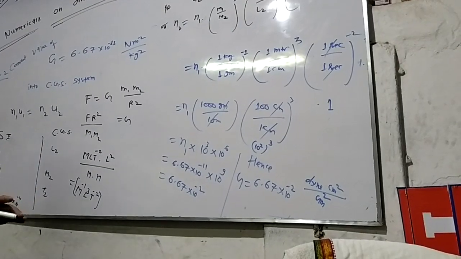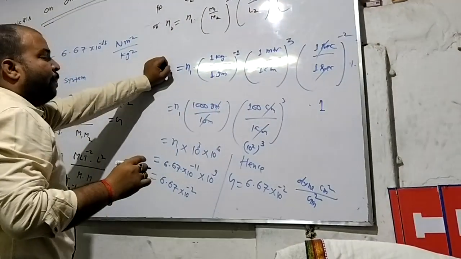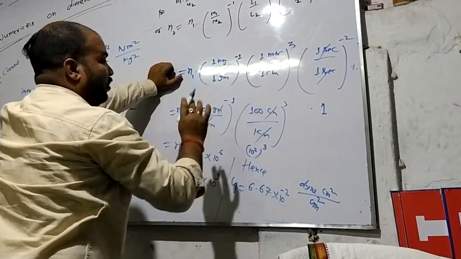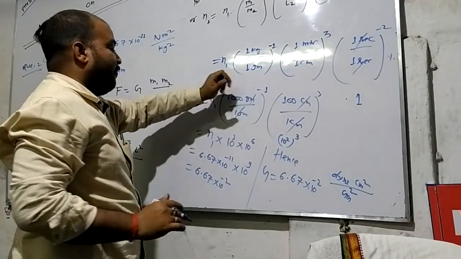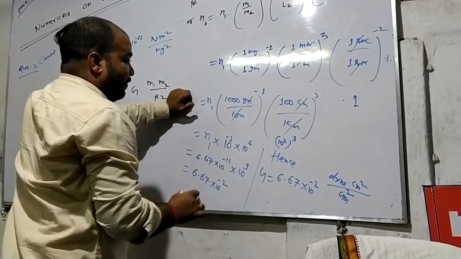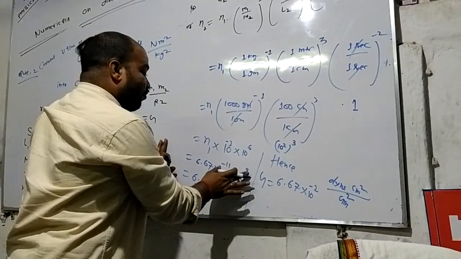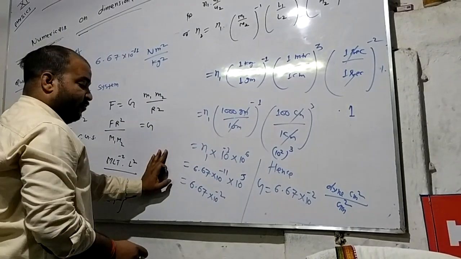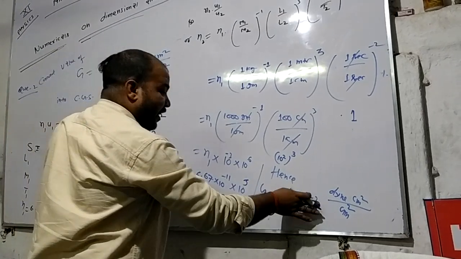Here we are to keep care for this minus 1. That means 10 power minus 3. 6 minus 3 is what? 3. So we keep here 3, and we can say 6.67 into 10 power minus 8. Okay.